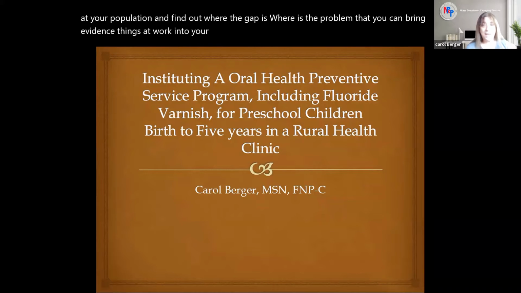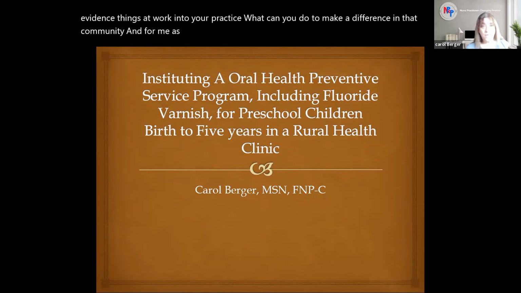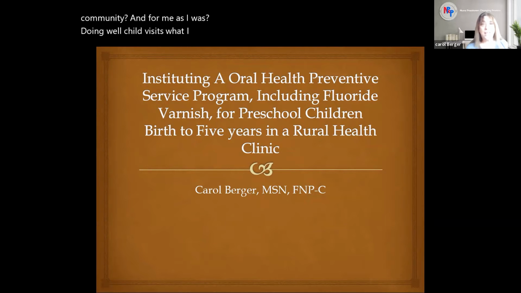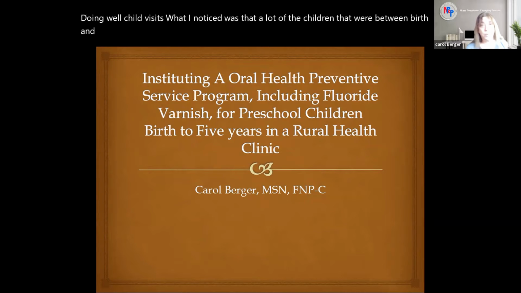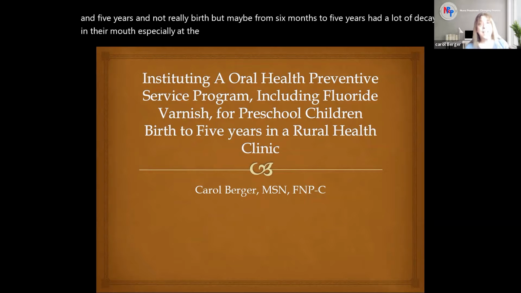What can you do to make a difference in that community? And for me, as I was doing well child visits, what I noticed was that a lot of the children between 6 months and 5 years had a lot of decay in their mouth, especially the 2 to 3 year olds. And this actually was just an area that really stood out to me.